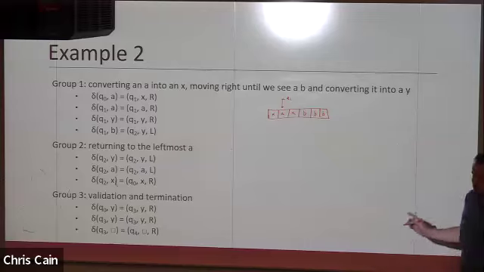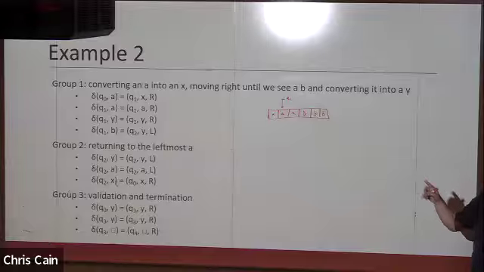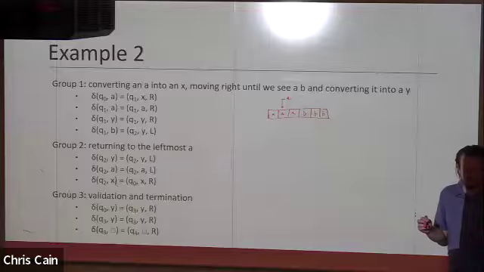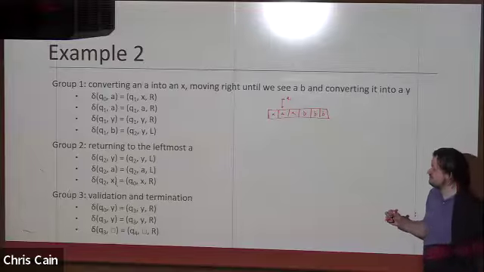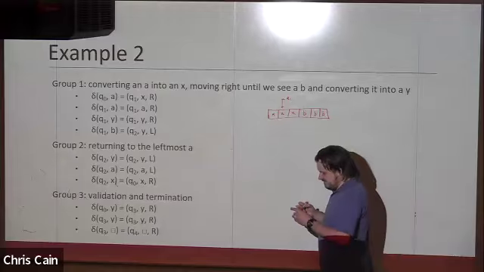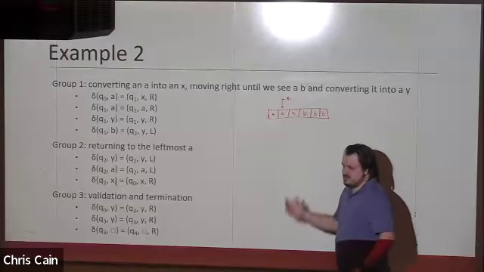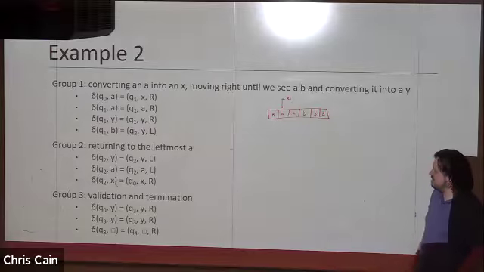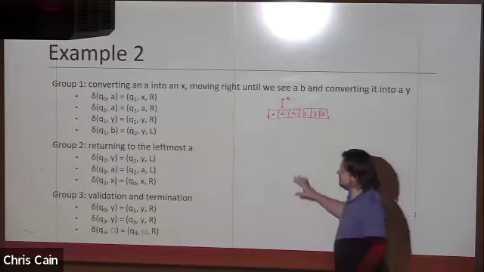Does it make sense with at least that far, with regards to reading the transitions, how the transitions work and how they happen? Once we're in state Q1 and read an A, if this is deterministic, which every Turing machine that we've seen so far is, there should only be one tuple for handling that.